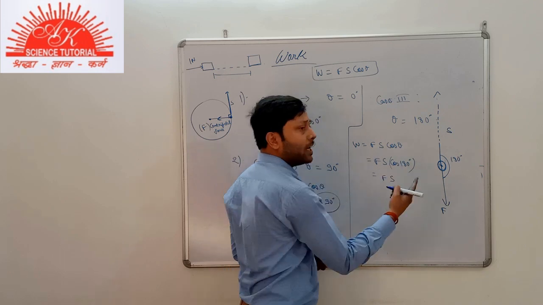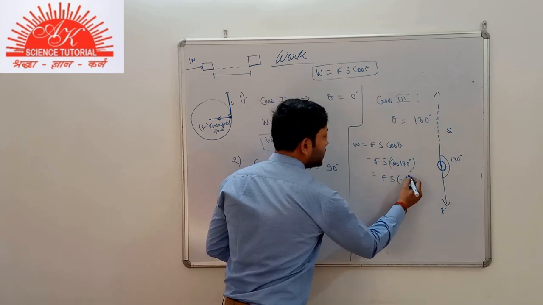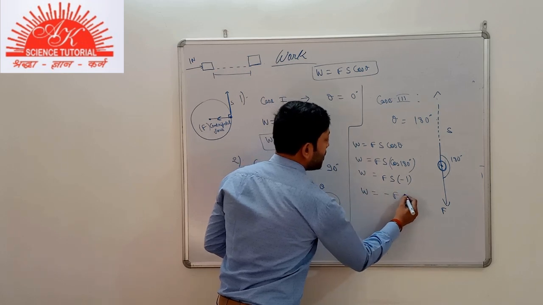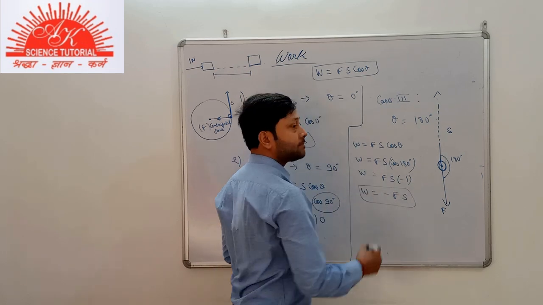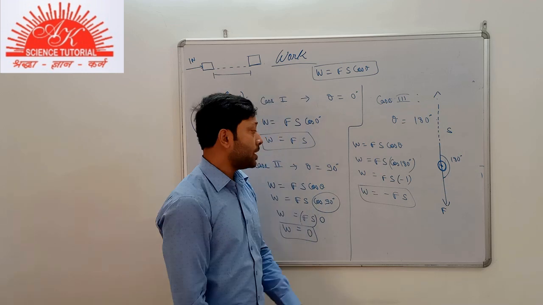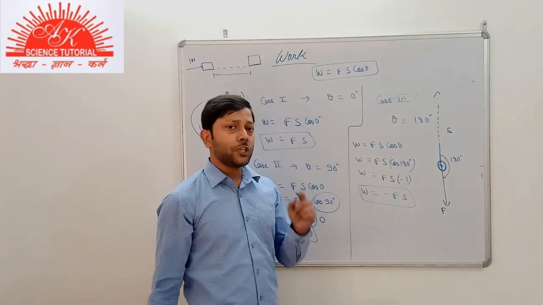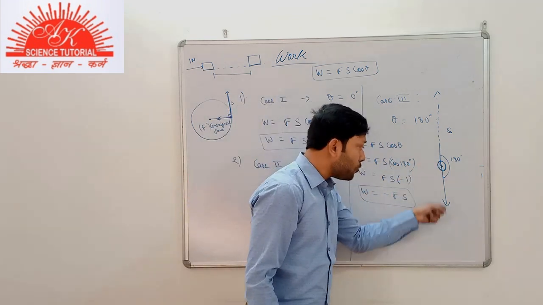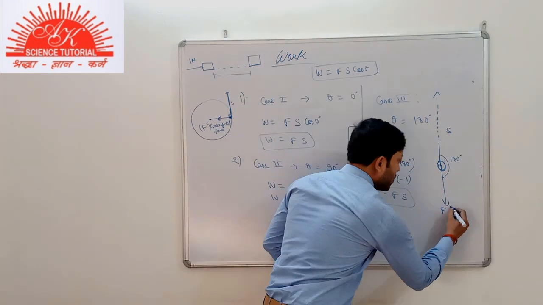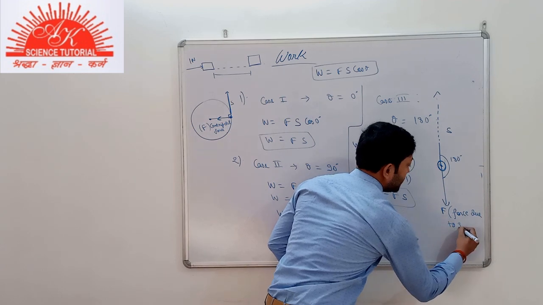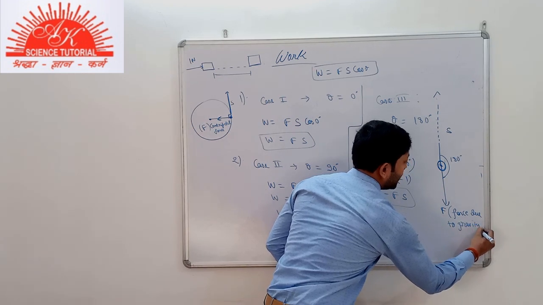So what do we get here? W equals minus Fs. So in this condition, the work done is negative. Work done by which force? Work done by force due to gravity in this condition will be negative.